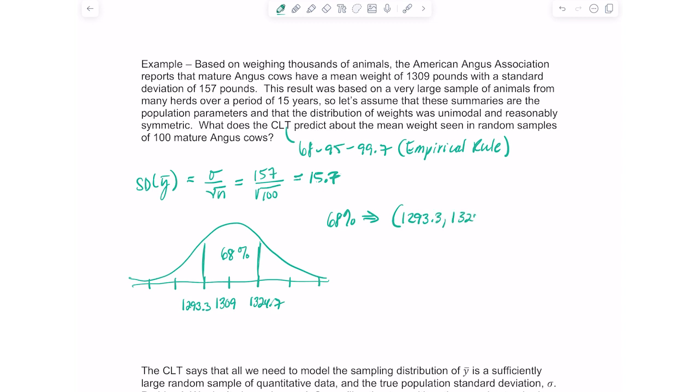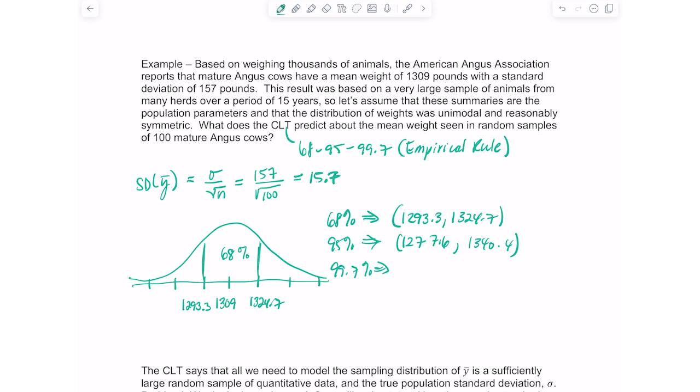For 95%, I would need to be 2 standard deviations in either direction. So that would be 1277.6 and 1340.4 pounds. And then, of course, 99.7% is 3 standard deviations in either direction.